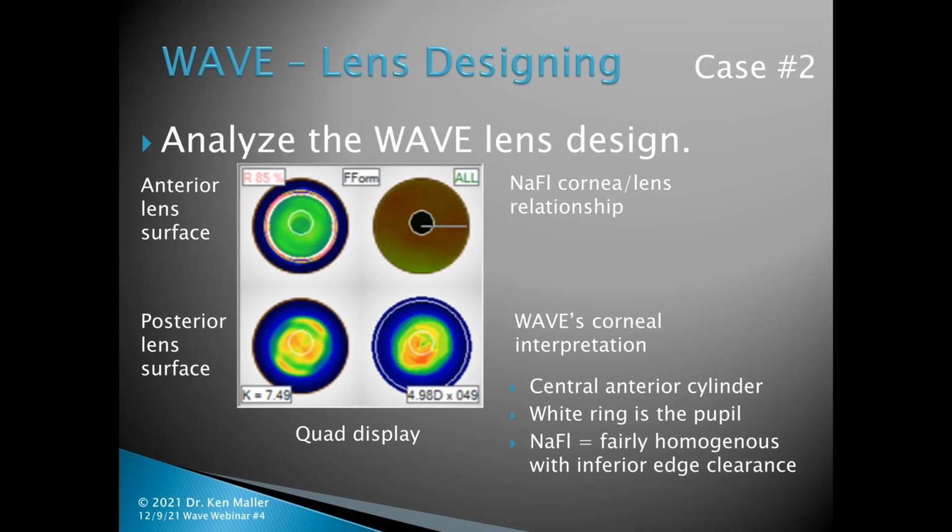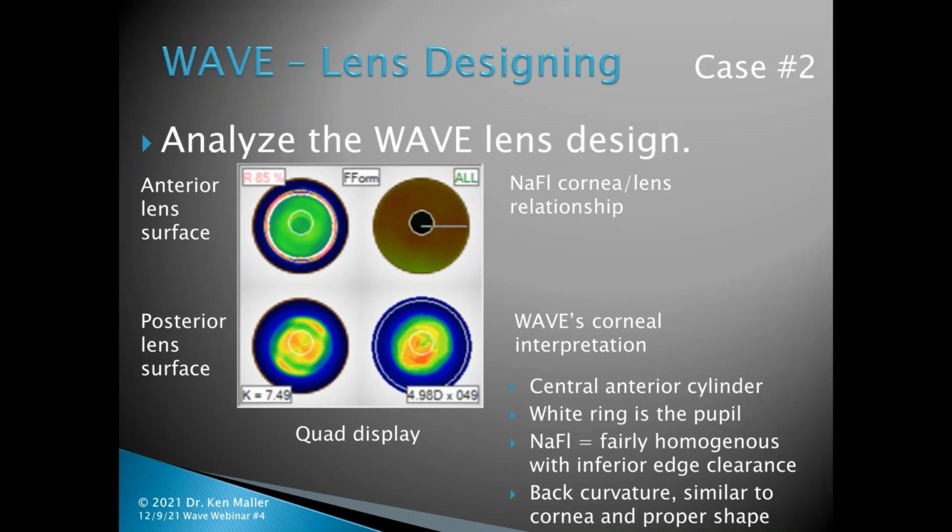Again, looking at the fluorescein relationship, it's fairly homogeneous. In this one, we have a little bit more inferior edge clearance than we did on the last case, but I think that's perfectly fine. And once again, we want to take a look and make sure that the back curvature has that similar appearance to the cornea, which if we take a look at that, we can see the reddish orange on the right kind of matches up with my cylinder bow tie on the left.